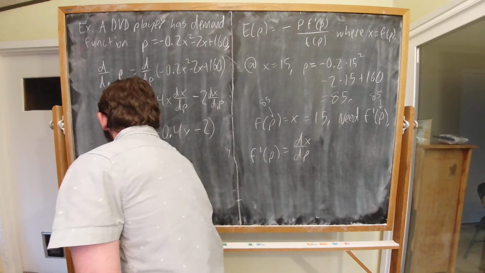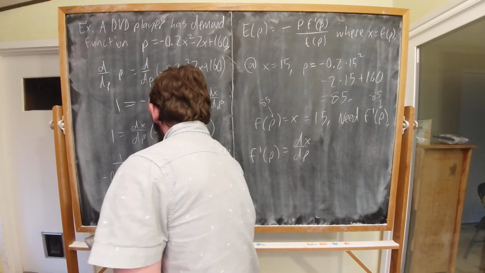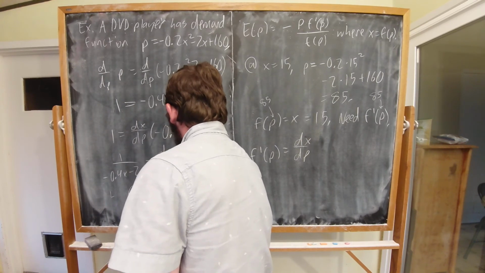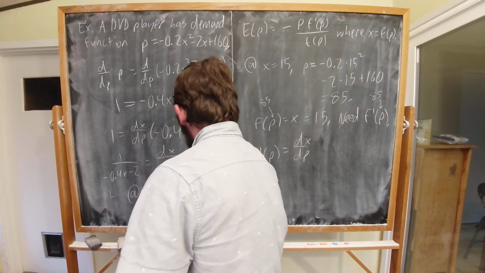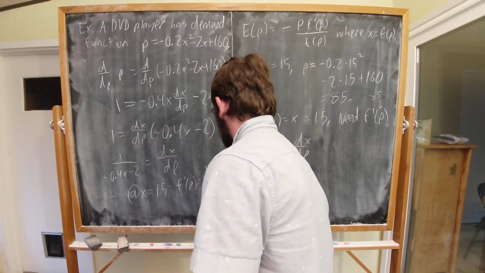So at x equals 15, F prime of P is equal to dx dp at x equals 15.